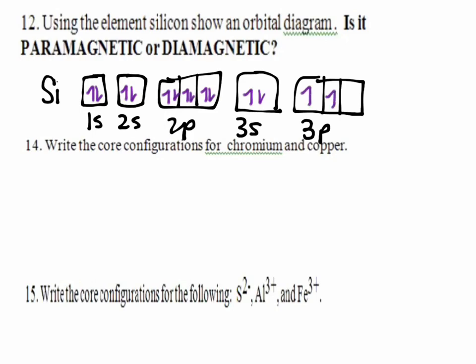So using this as our example, it wants to know if it's paramagnetic or diamagnetic. That is talking about the electrons. Paramagnetic means we have one or more lone electrons. Diamagnetic means that all of our electrons are paired.